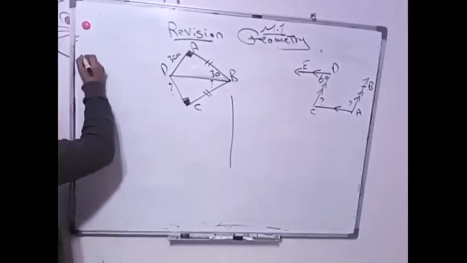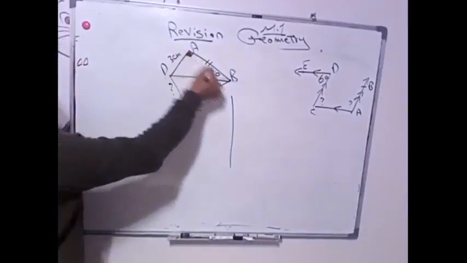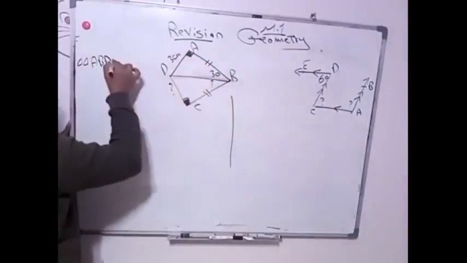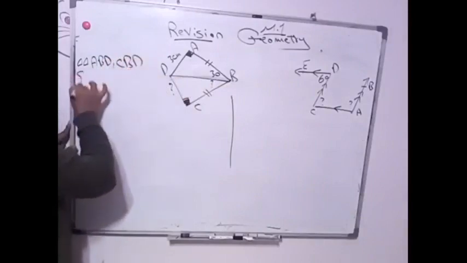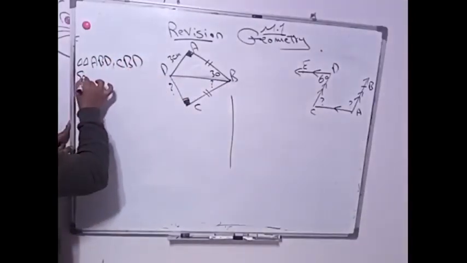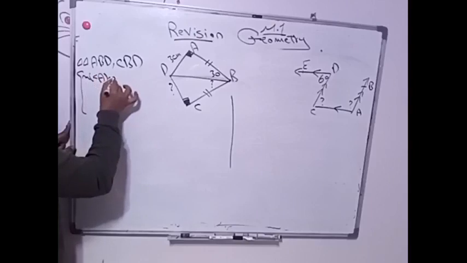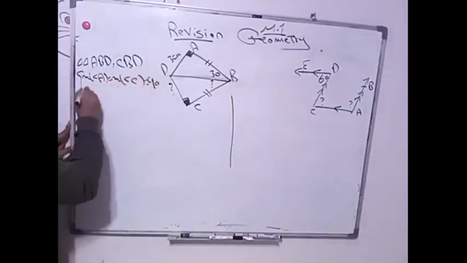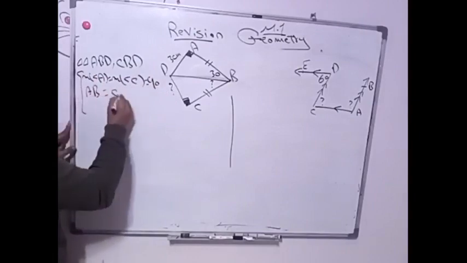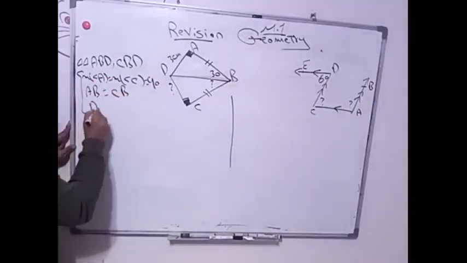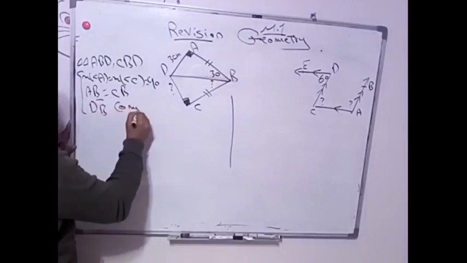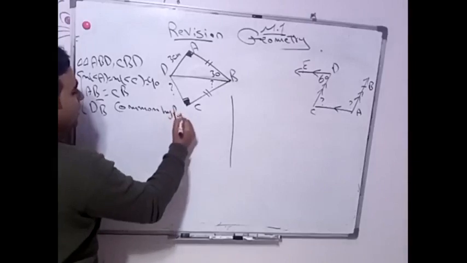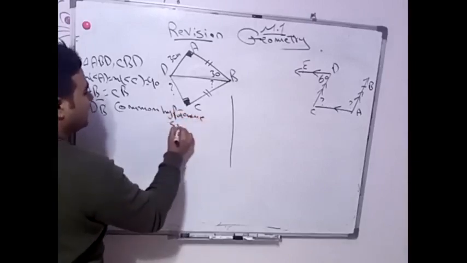But we have two triangles now, ABD and CBD. We have three conditions now. I have measure angle A equal measure angle C equal 90 degrees, and I have AB equal CB, and I have DB common hypotenuse, or common side.